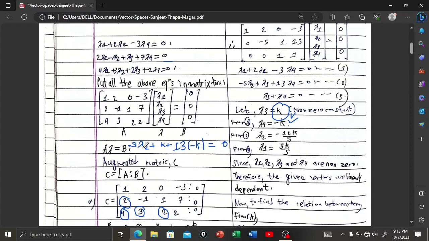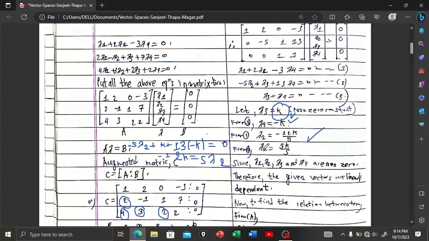We need the value of lambda 2, so it would be k minus 13k, minus 12k, and this minus 5 lambda 2 becomes 5 lambda 2, so lambda 2 equals minus 12 by 5 k.